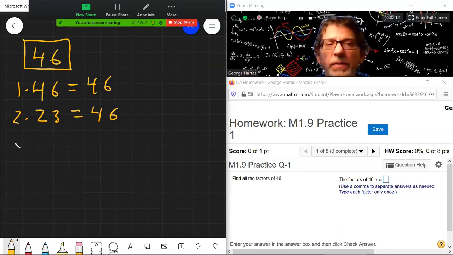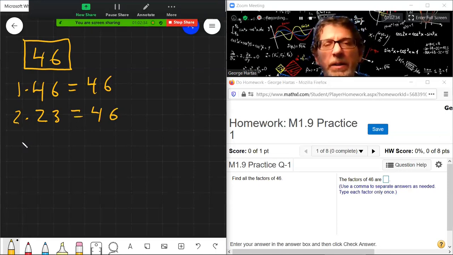Does 5 divide into 46? No, because the ones digit does not end in 0 or 5. Does 6? Well, 6 times what? 6 times 8 is 48. Close, but no. Does 7? 7 times 7 is 49.